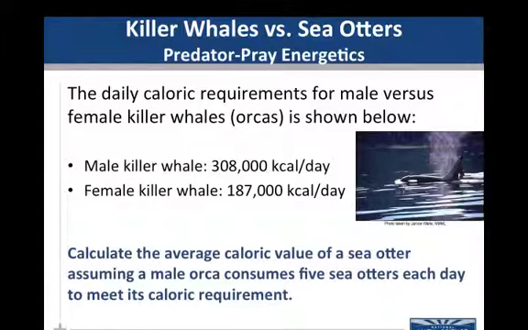We're going to calculate the average caloric value of a sea otter, assuming that a male orca consumes 5 sea otters each day to meet its caloric requirement. So if a male orca needs 308,000 kilocalories per day, and it's able to get that energy from 5 sea otters, how much is each sea otter worth?